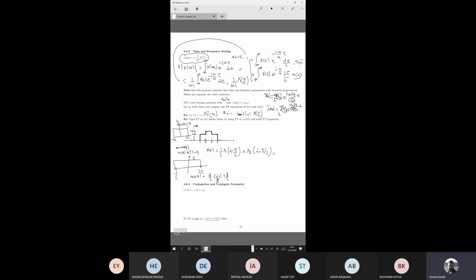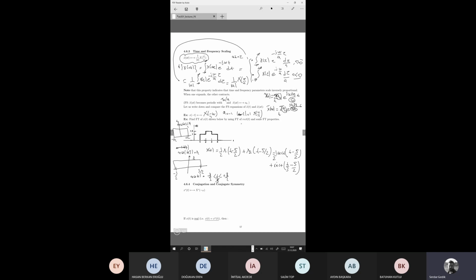And this is nothing but 1 over 2 rect of t minus 5 over 2 plus rect of t over 3 minus 5 over 2. So this is my x of t, which is represented as a linear combination of rectangular signals.